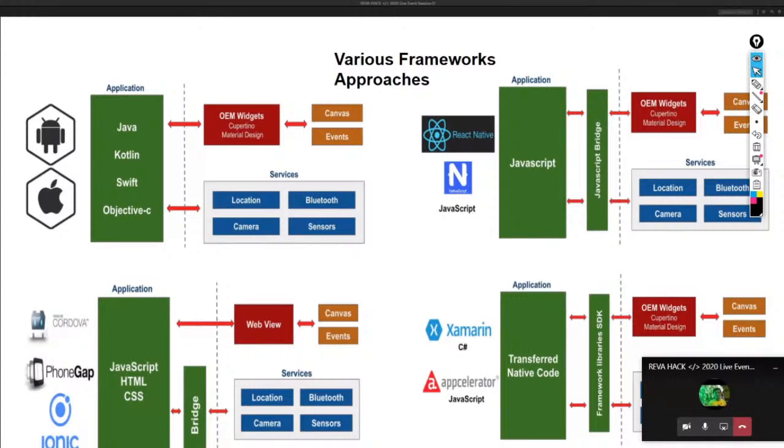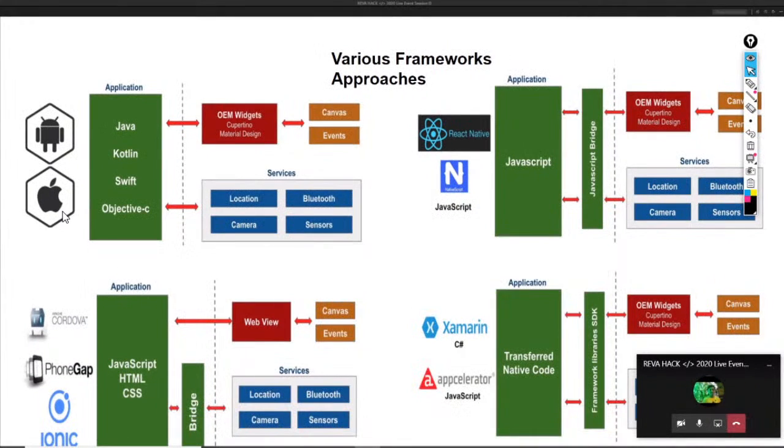So what are OEM widgets? OEM widgets are the widgets that are inspired by the native mobile apps. Native mobile apps are the apps which are designed using Java, Kotlin for Android, or Swift for iOS. So what React Native or App Accelerator does is it uses OEM widgets which are inspired from the native platforms, which is good, but it is not that highly customizable as compared to custom widgets.